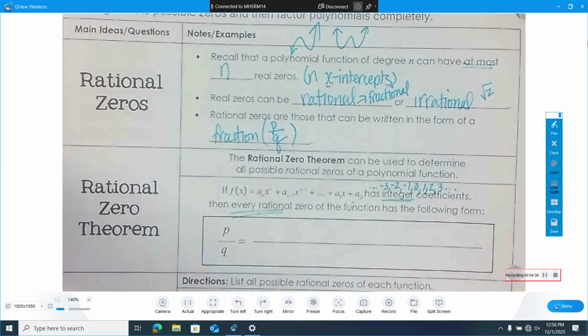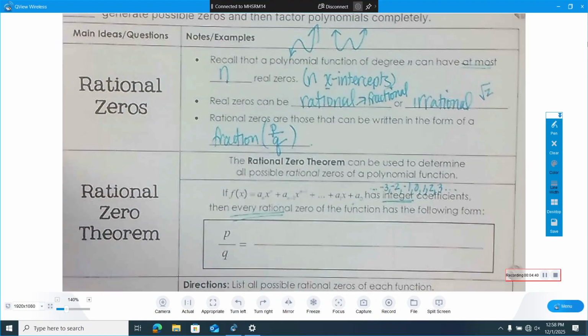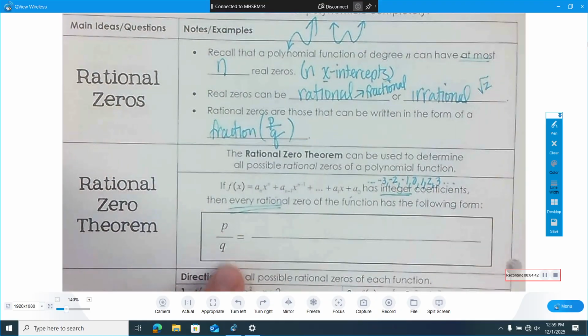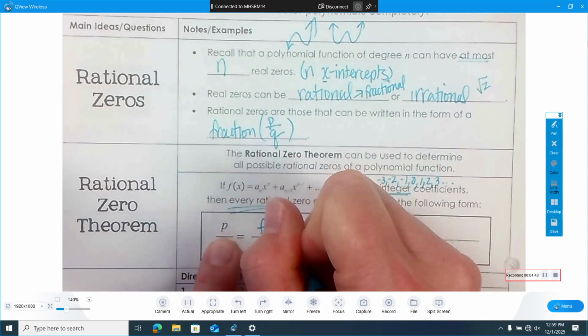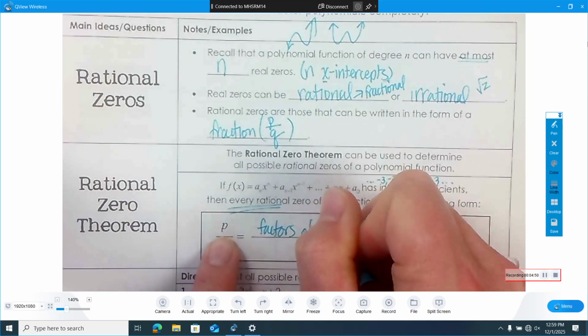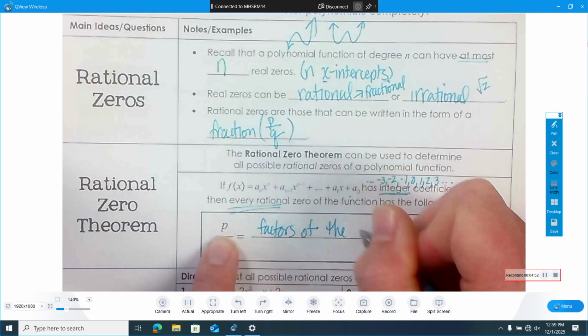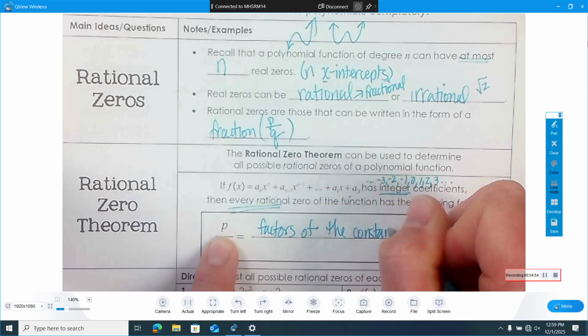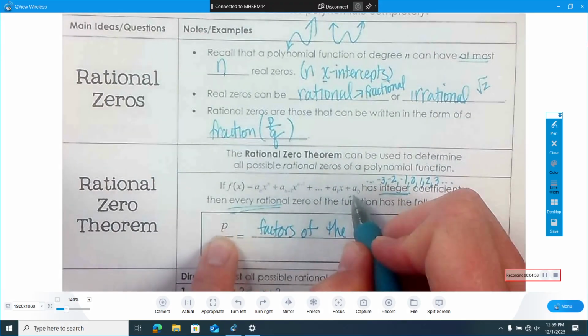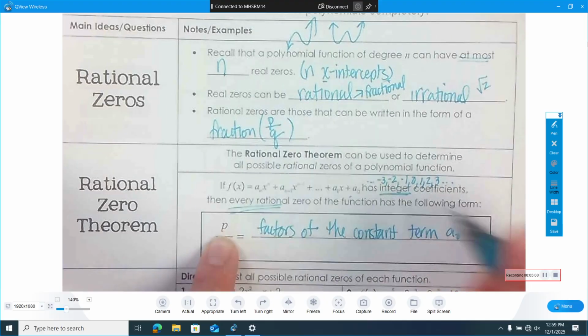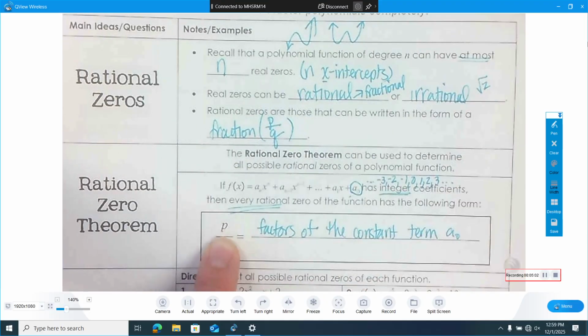single rational zero is of the following form, where p are the factors of the constant term. The constant term is a sub 0. That is the very last thing.